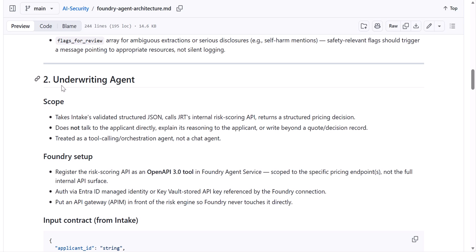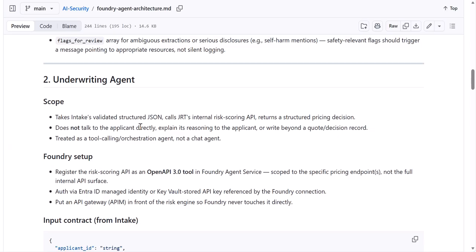The job of this agent is to call the risk scoring API and, based on that, return the structured pricing decision. It should not talk to the applicant directly. The job of talking to the applicant belongs to the first agent, not this one. And it should not explain its reasoning. It only gives the pricing.